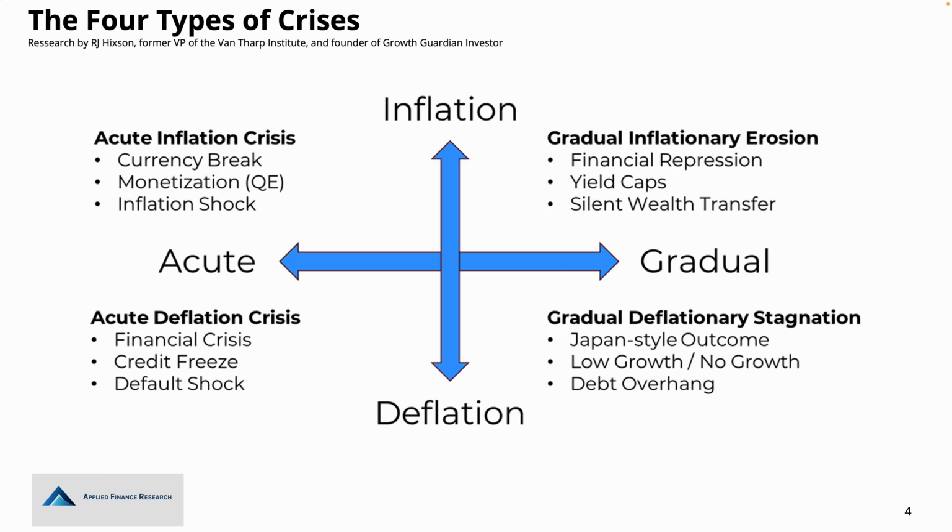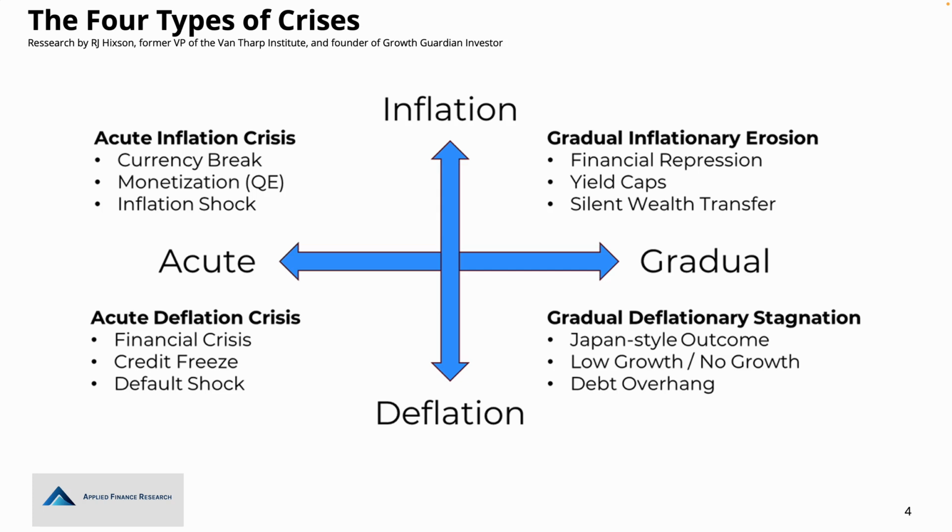Well, as for where we are now, at the time that I'm making this video, I would say over the last year or two, we have been close to the center of the grid, although perhaps leaning slightly towards the inflationary side. I would say signs of strain are starting to show. US debt is continuing to grow at an incredible speed.